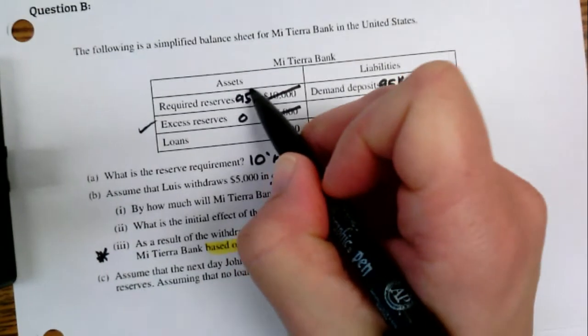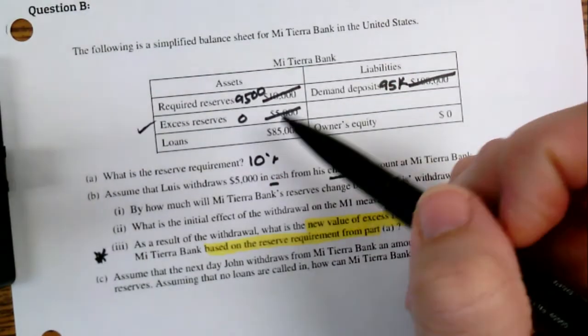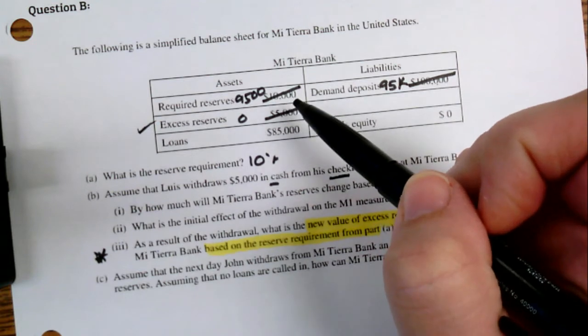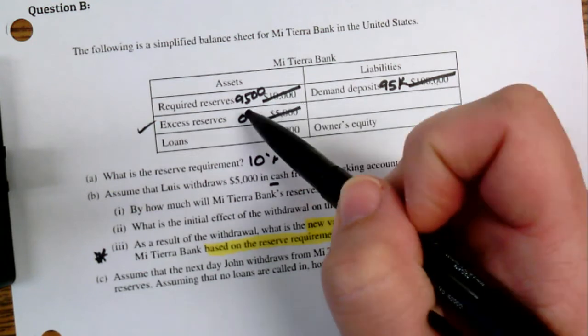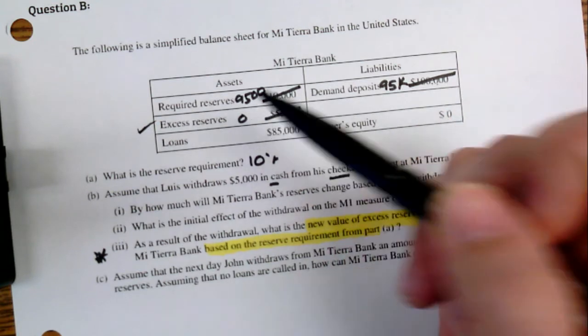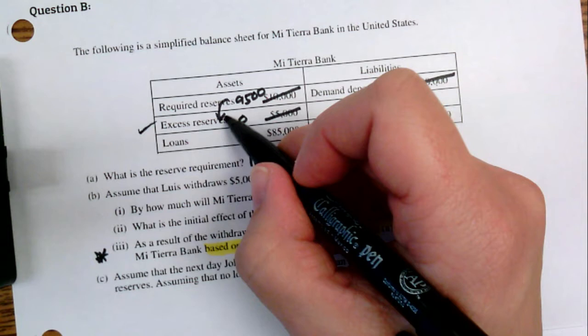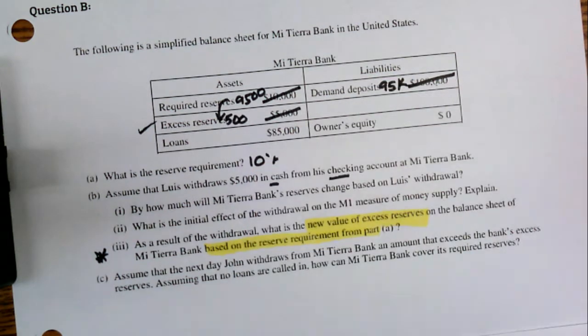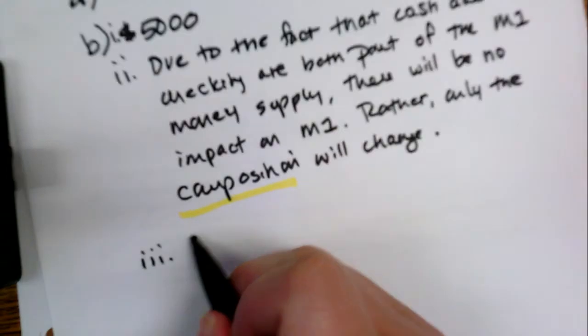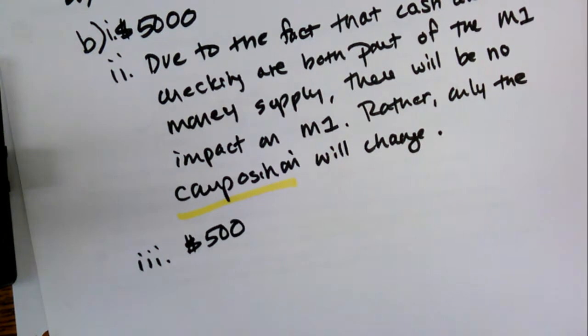It is $9,500. So now $10,000 used to be what's in there. Now they only have to keep $9,500. So how much is left that they can now move into the excess reserve? You're correct. It's $500. So part three, the answer is 500.